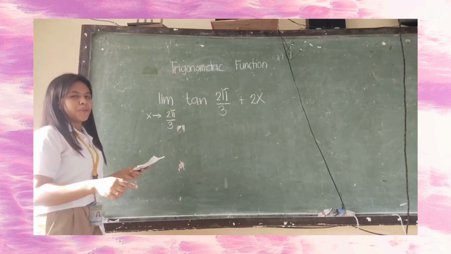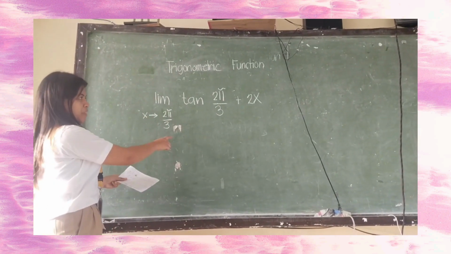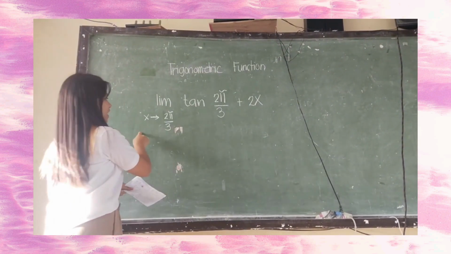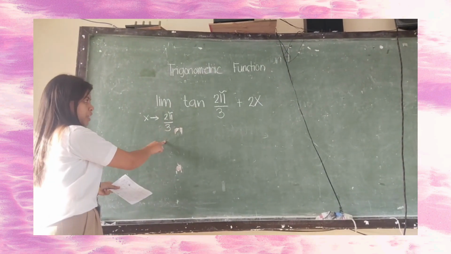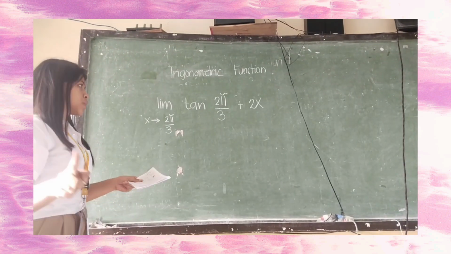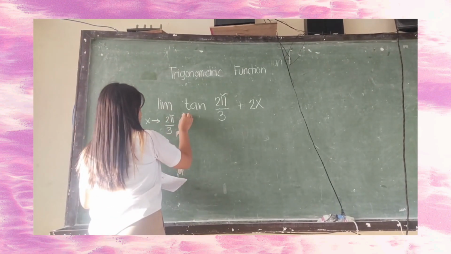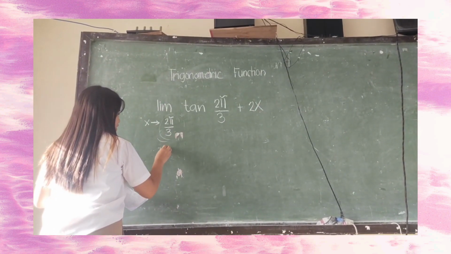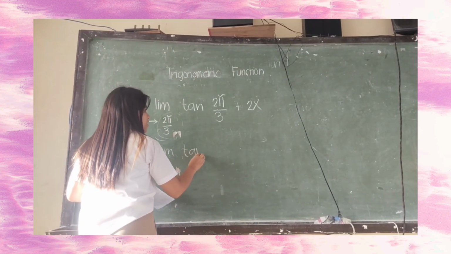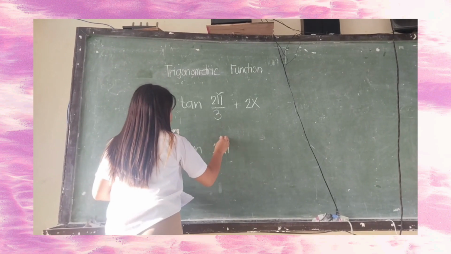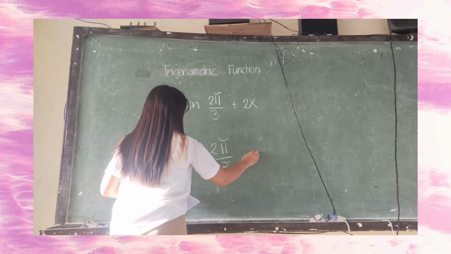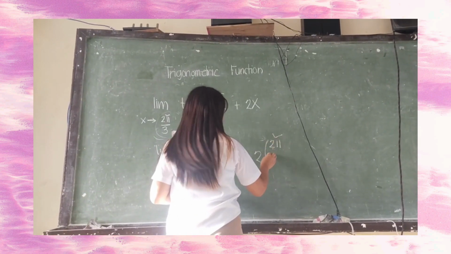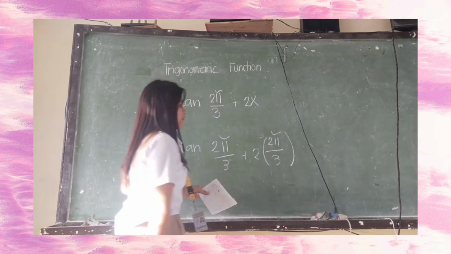So the first example is, what is the limit of tangent of 2 pi over 3 plus 2x as x approaches 2 pi over 3? The first thing we are going to do is to evaluate the x here. So this will become the limit of tangent of 2 pi over 3 plus 2 times 2 pi over 3.